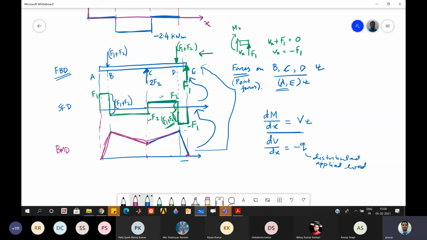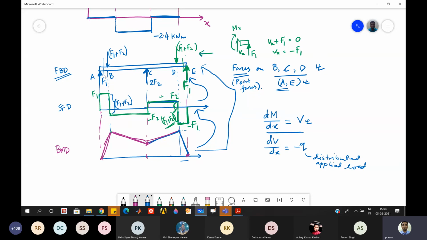And now you see here, this is F1, and now you tell me what should be this force at A. Upward. Yes, it is upward direction, and the magnitude will be F1.